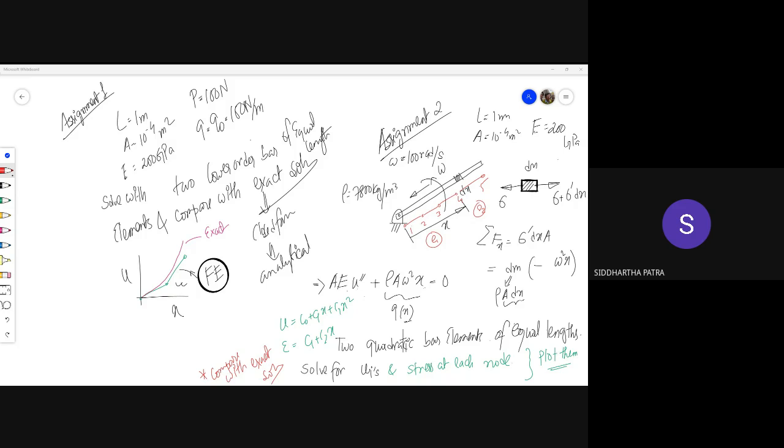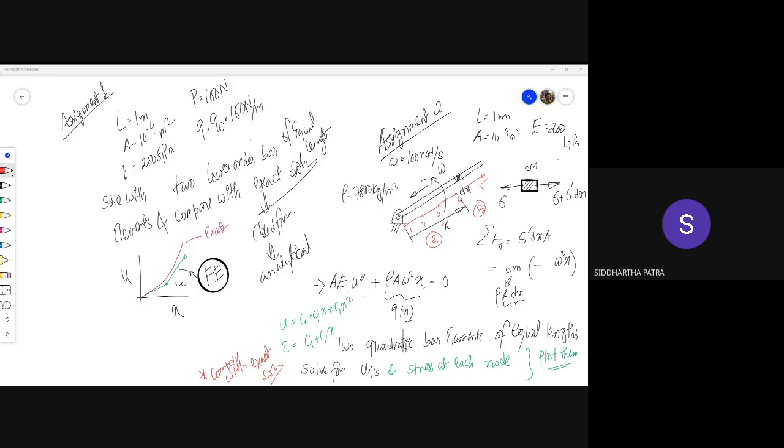Of course, that 5 by 5 matrix will only have 3 as the common node. But still, you can take help of MATLAB to solve the problem, or even to do the plots. Okay. So try out these two problems.